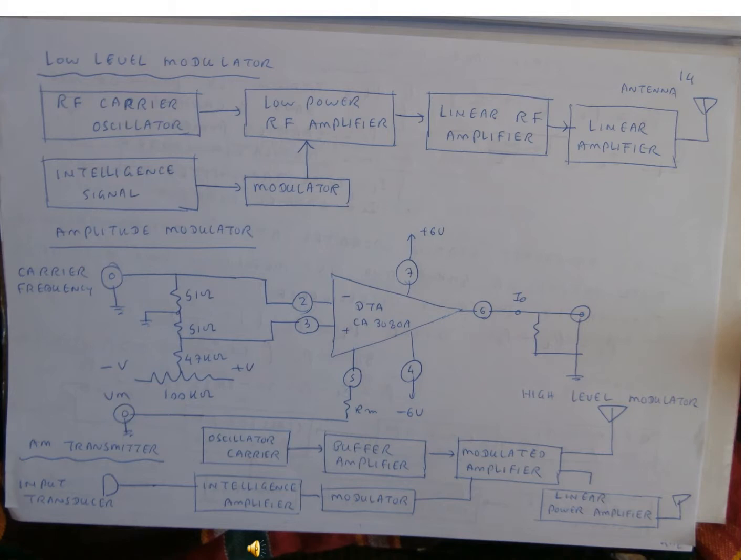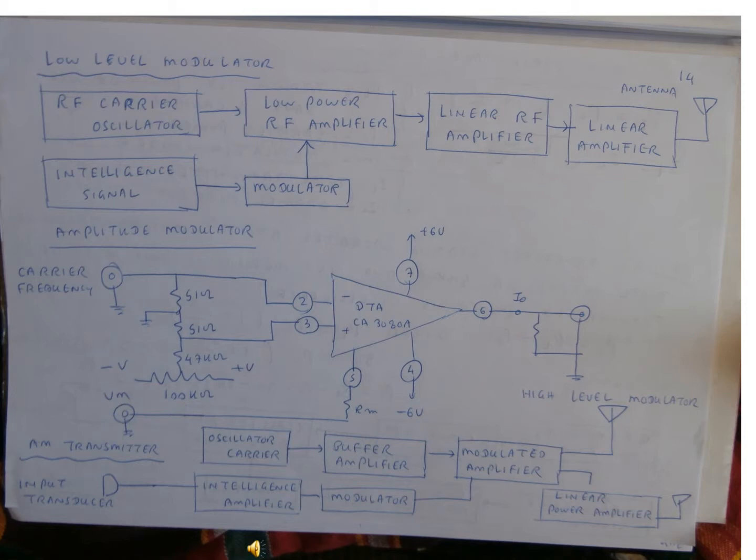The input transducer's signal goes to the modulator, and the modulator output and the low power radio frequency amplifier output go to the linear radio frequency amplifier, then to a linear amplifier, and then to the antenna. This is the amplitude modulator circuit, and this circuit can be built with the 3080 IC. Now to go to the AM transmitter circuit, the amplitude modulated transmitter circuit.